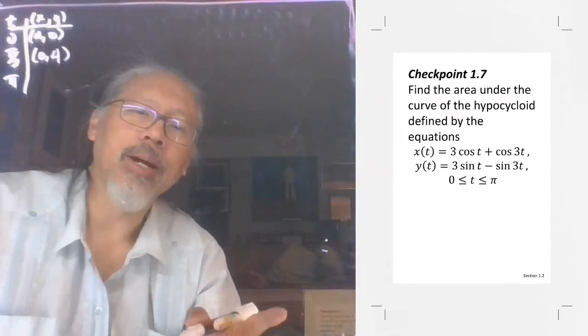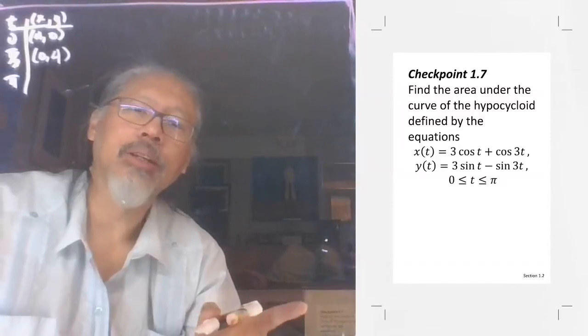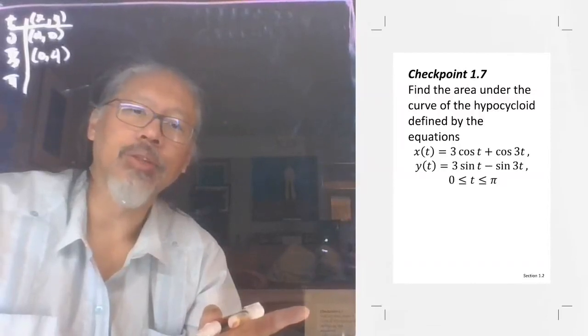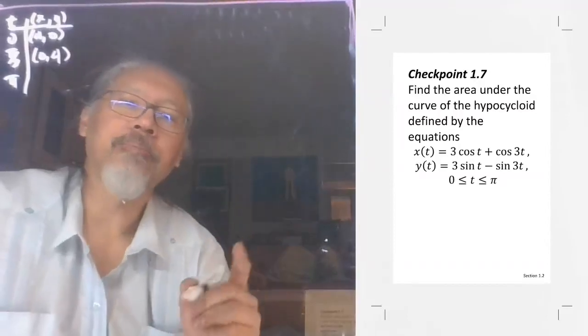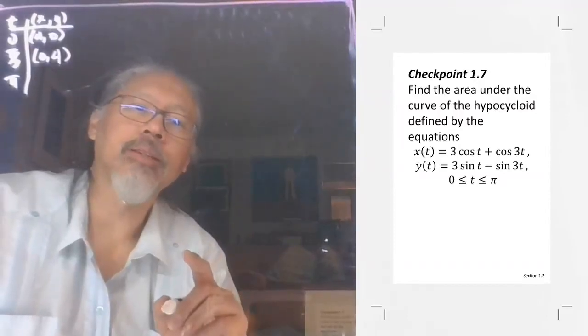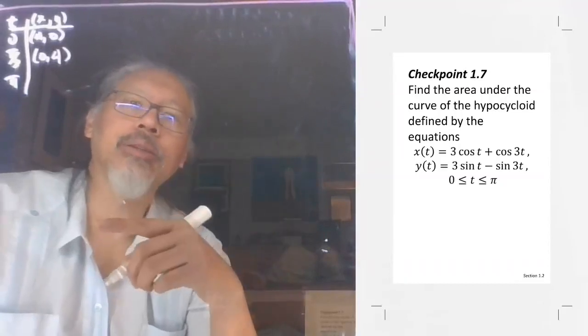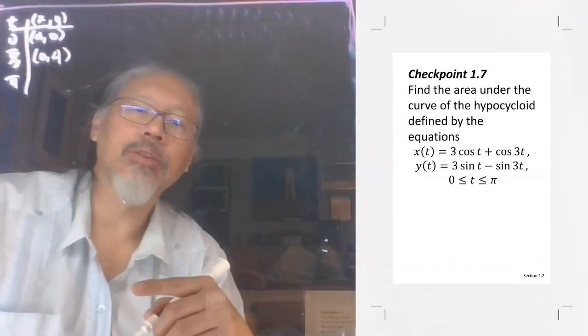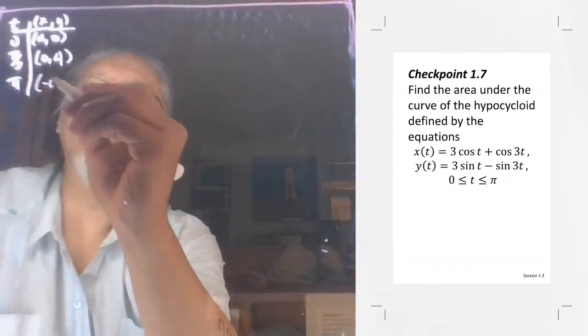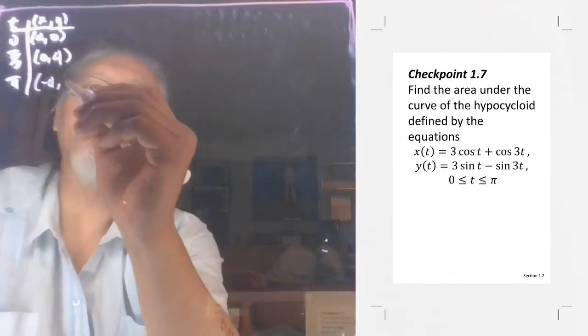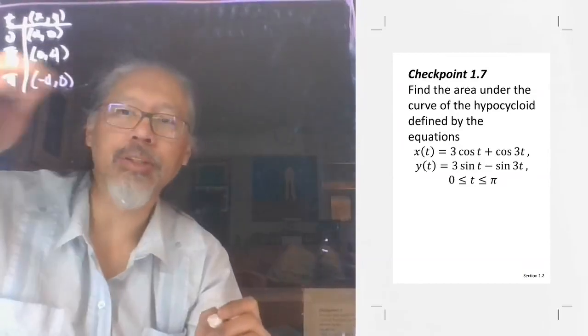And then finally at pi, the cosine is going to be negative 1, so it'll be 3 minus, and then cosine of 3 pi is also going to be negative 1, so that's going to be negative 4. And sine of pi is 0, so that whole thing is going to be 0.